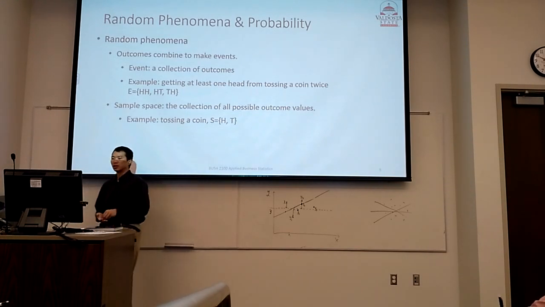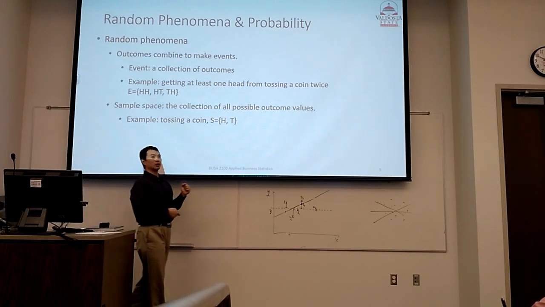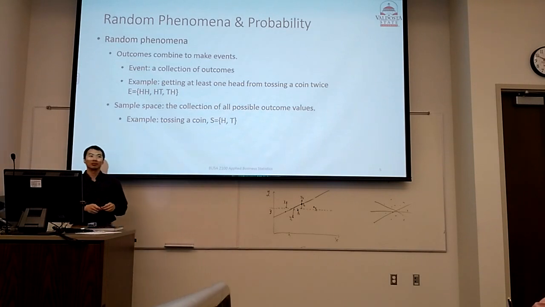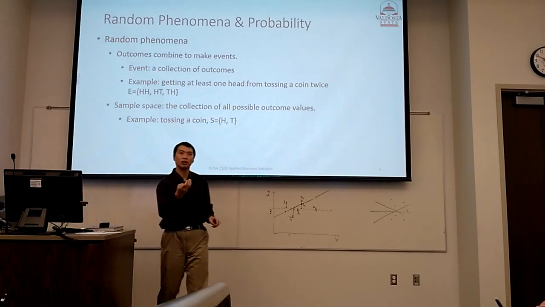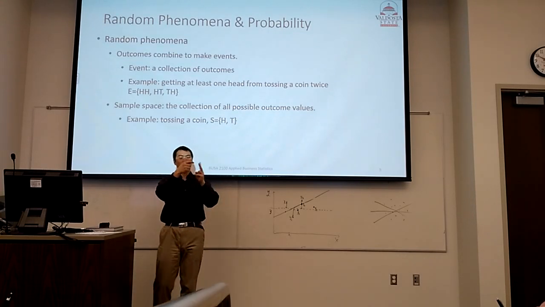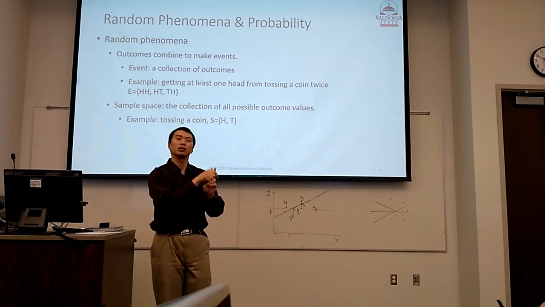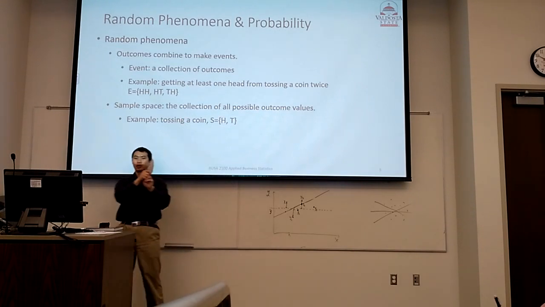So that event has a collection of outcomes. Okay? At least one head. What does that mean? So I toss the coin twice. One possible outcome is I get a head from the first toss, and the second one I also get a head. Okay? That's one possible option.